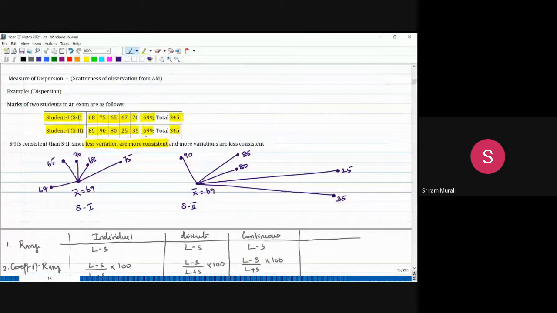Likewise, you can take any player, cricket players. Bradman in Australia is consistent. His average is 99 point something in test cricket. Only in the last test match did he score a single digit. Except that, he has scored 50 plus, 60 plus like that. So he is consistent as far as test cricket is concerned.